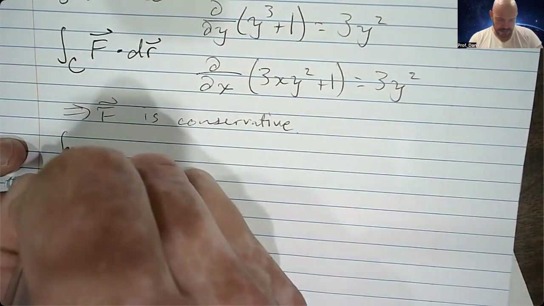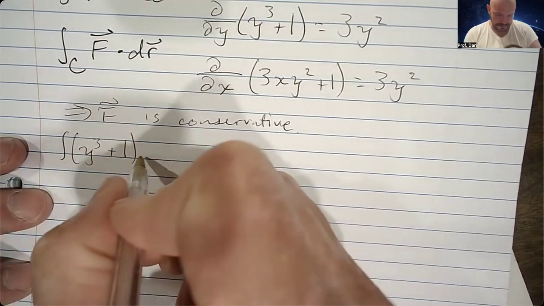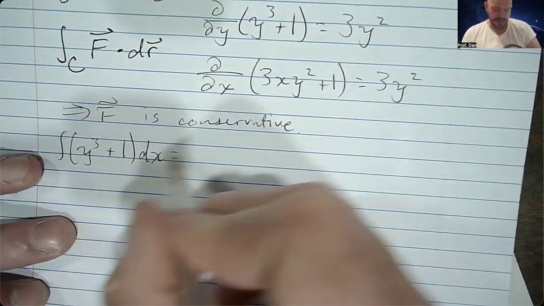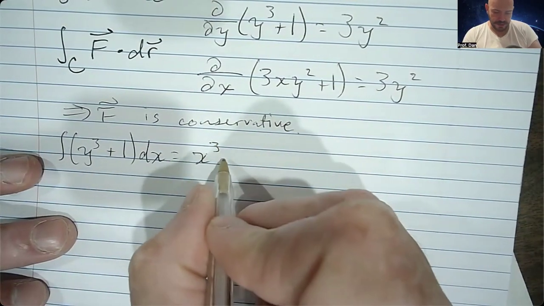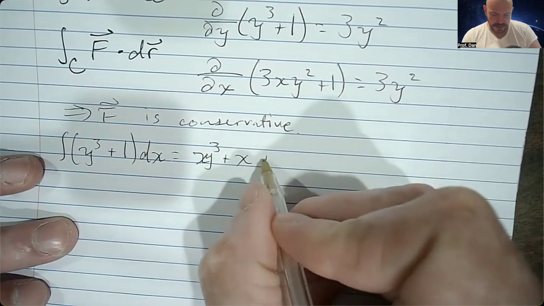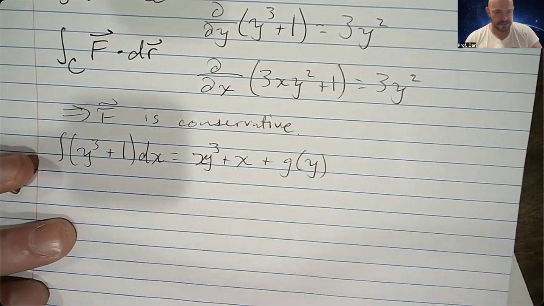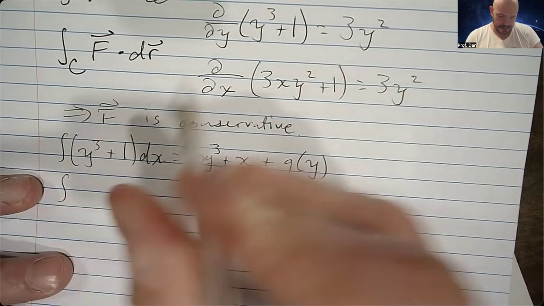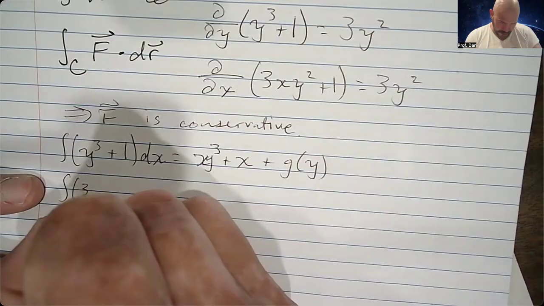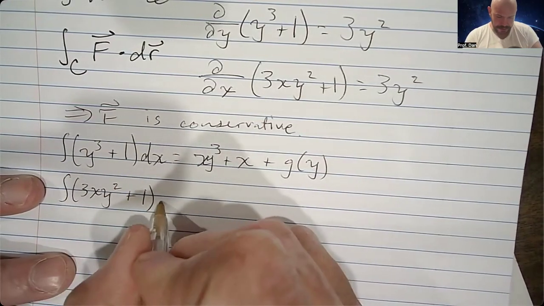We can do that by integrating the x component with respect to x. Right, I'll get xy cubed plus x plus perhaps a function that involves the variable that's not x. Then I'll take the integral of the y component, 3xy squared plus 1, with respect to y.